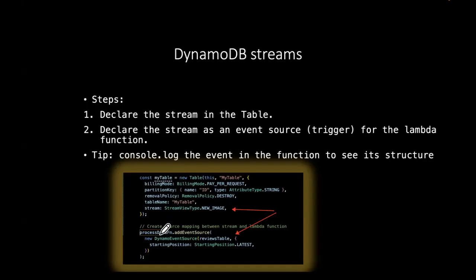And here is how we hook up that stream to a particular Lambda function. And the coding for this is actually exactly the same as when we were hooking up a Lambda to SQS. We're simply making the stream the event source for a particular Lambda.